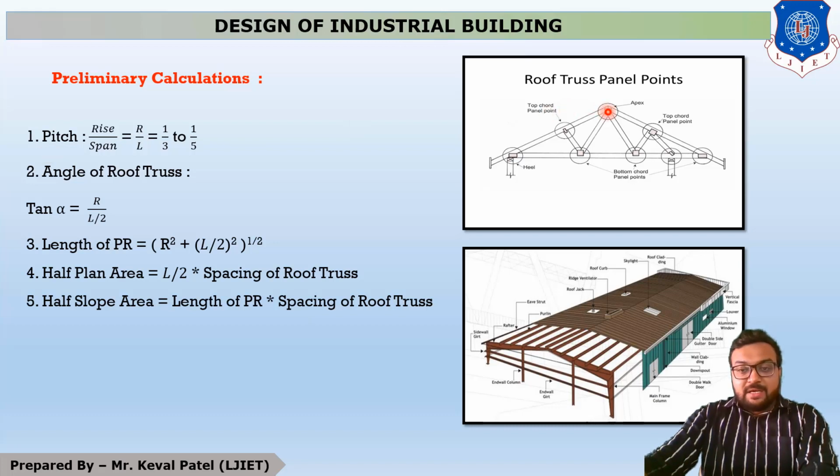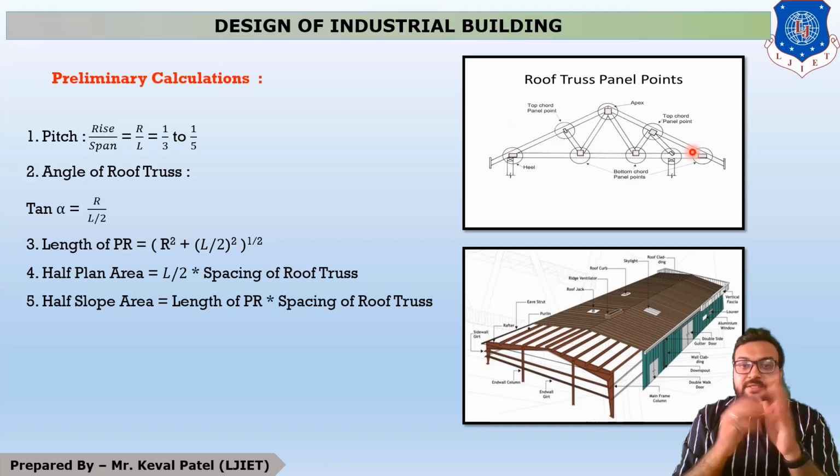Pitch means rise divided by span, so it is called pitch distance. Whenever this pitch distance is not given in the question, you have to assume it is in the range of 1 by 3 to 1 by 5.